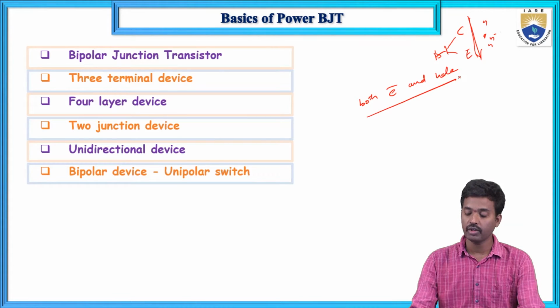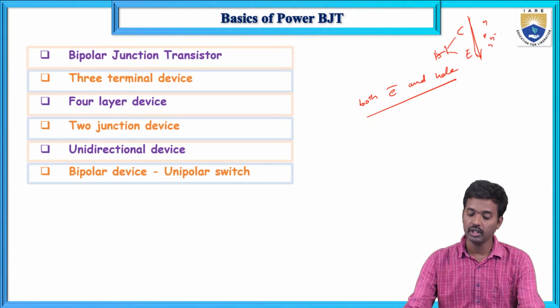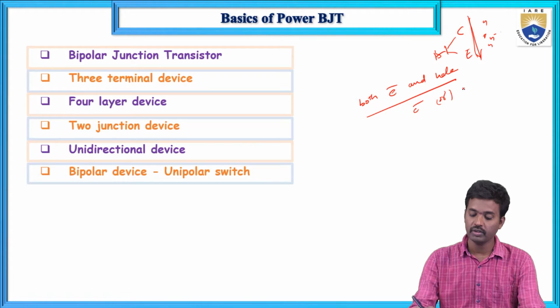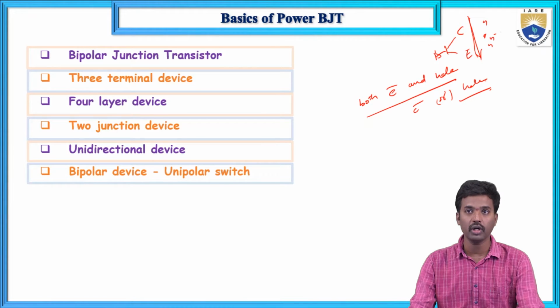If current in the device is due to both electrons and holes, that is bipolar. In case of FET, in some devices only electrons, in some devices only holes, conduction is due to only electrons or only holes. Such types of devices are known as unipolar devices.